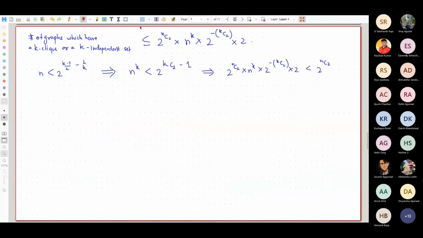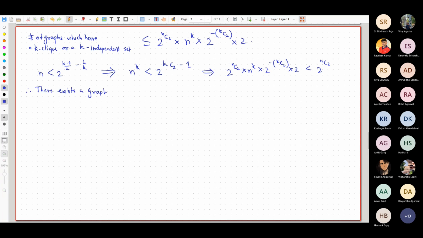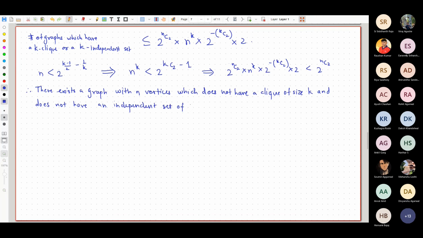Right, so therefore there exists a graph with n vertices which does not have a clique of size k and does not have an independent set of size k.